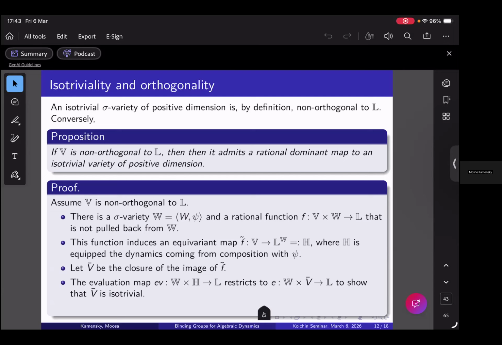We have an evaluation map from W cross this H to L. We evaluate a function on an element of W, and then we restrict it to the image of F tilde. This is in a sense a typical example of isotriviality, and the fact that F does not come from W exactly means that V bar, the image, has positive dimension.